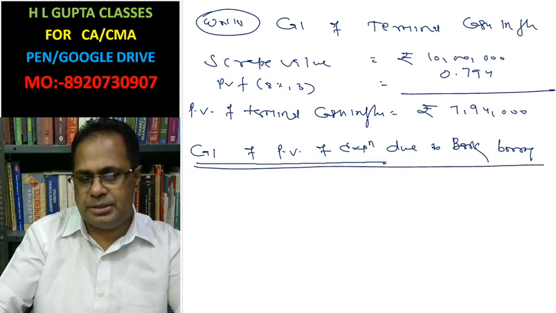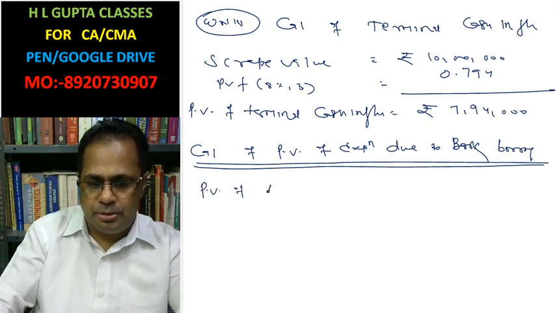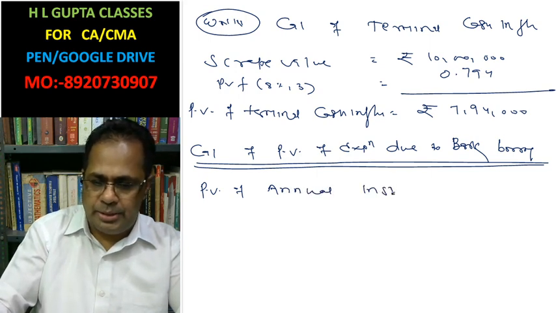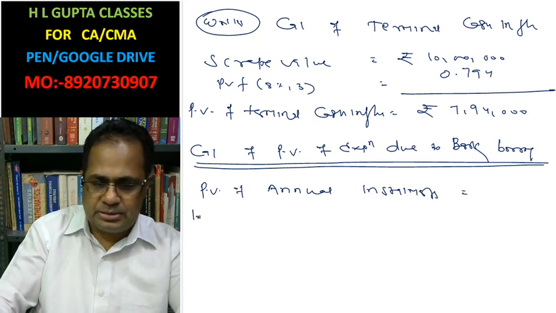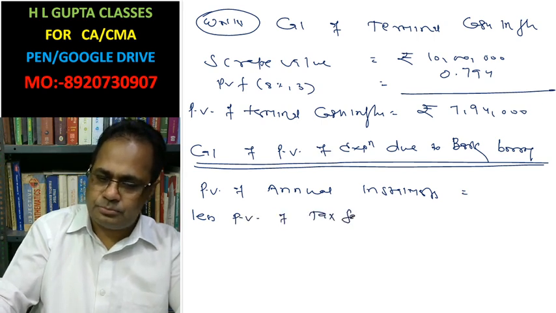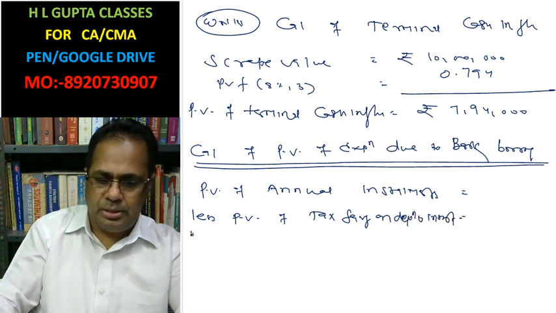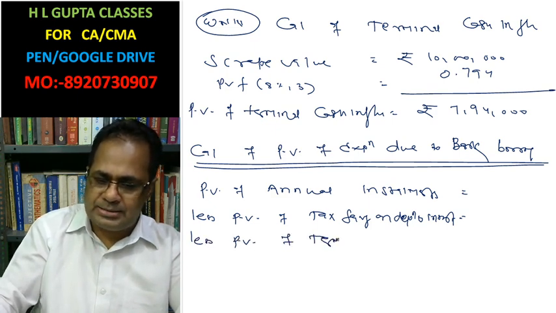Present value of expenditure due to bank borrowing is the present value of annual installment, less present value of tax saving on depreciation and interest, less present value of terminal cash inflow.